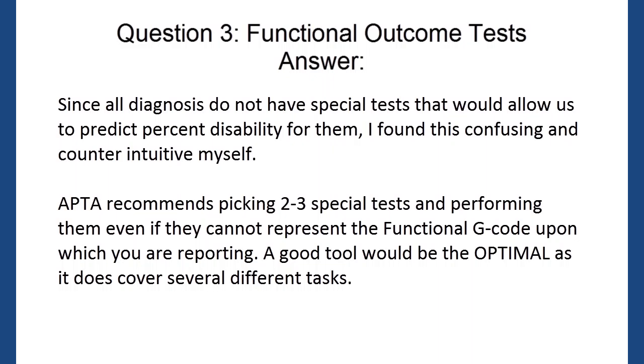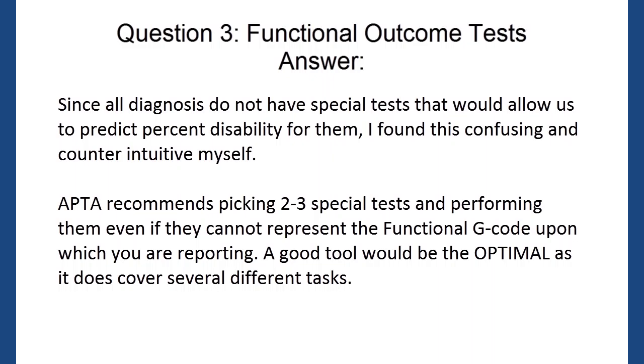But you will just need to perform objective tests that have been proven reliable and valid in the literature for function. Try to make them as appropriate as possible. APTA recommends picking 2 to 3 special tests and performing them even if they cannot represent the functional G-code upon which you're reporting.